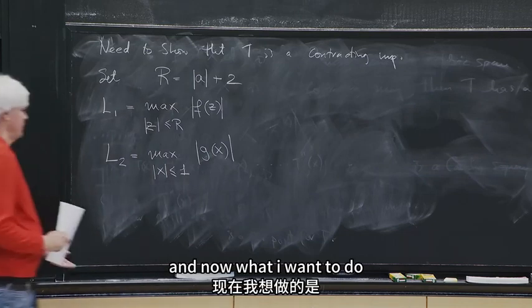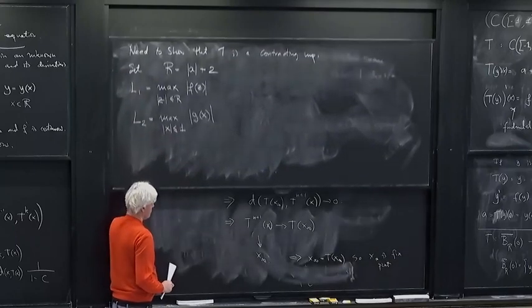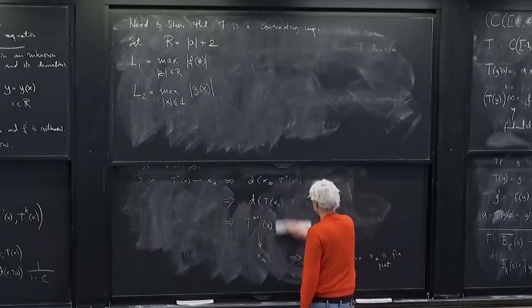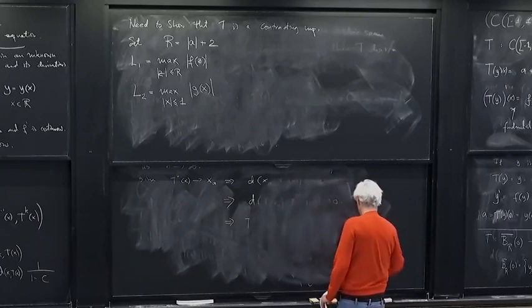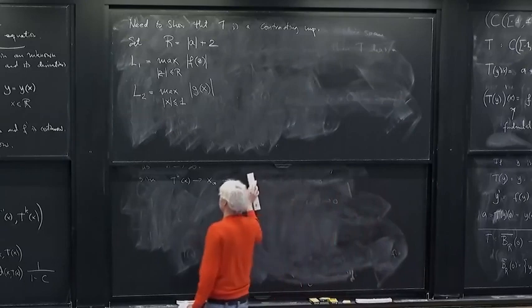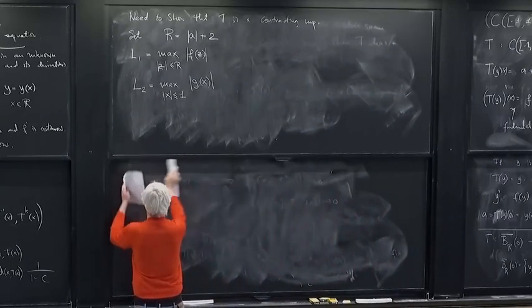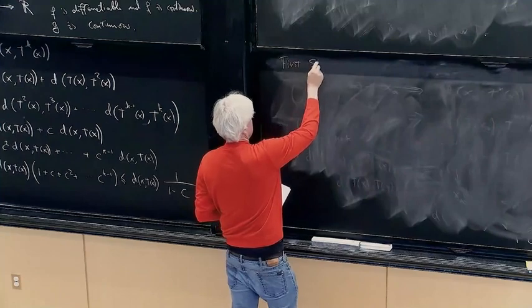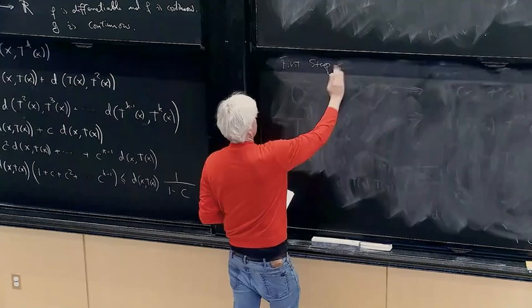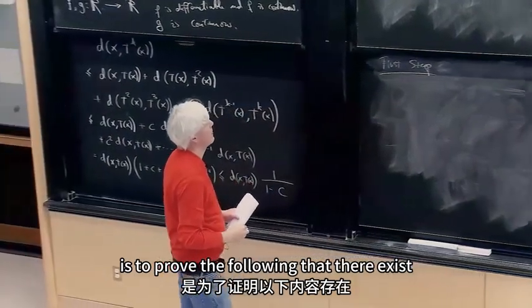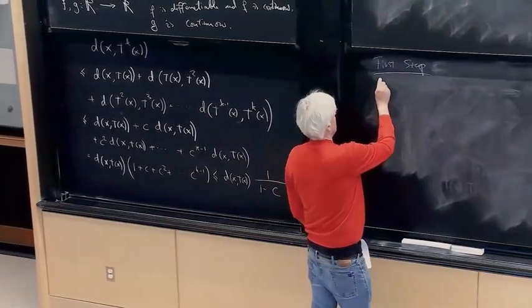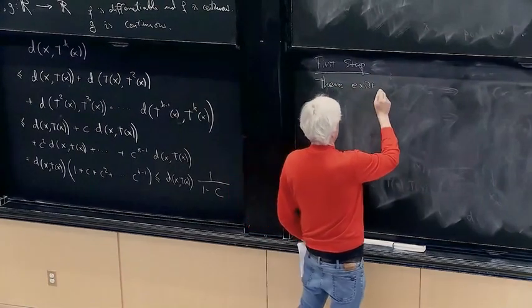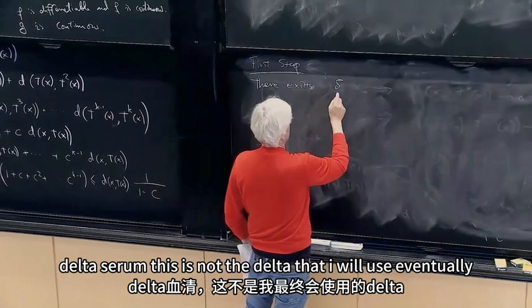And now, the first step in the proof is to prove the following, that there exists delta 0.